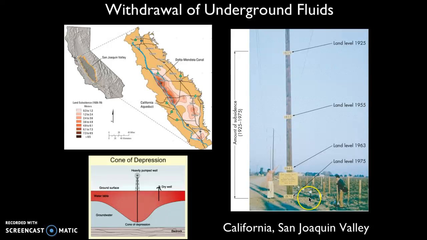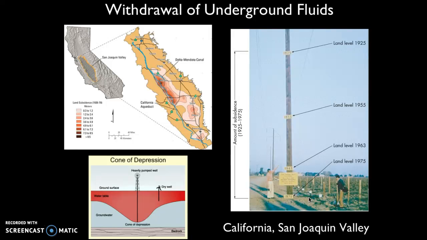But because the empty space was filled with the sediments, we are no longer able to simply put water in the ground and make that expand. You cannot expand space that no longer is available. You can usually refill empty space with water, even if you draw it out, but if that space has now been filled with sediment, the water won't be able to simply get through that sediment and expand it back up.